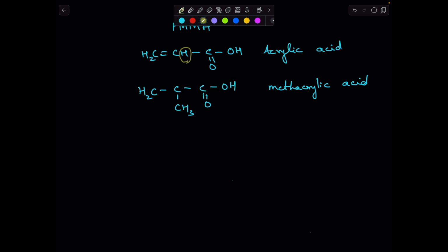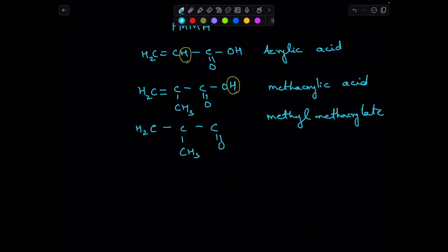If we replace this hydrogen with a methyl group, we can form the ester methyl methacrylate. We can polymerize methyl methacrylate at this double bond to get polymethyl methacrylate.